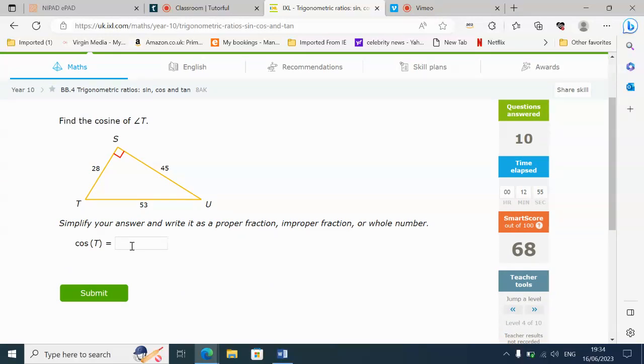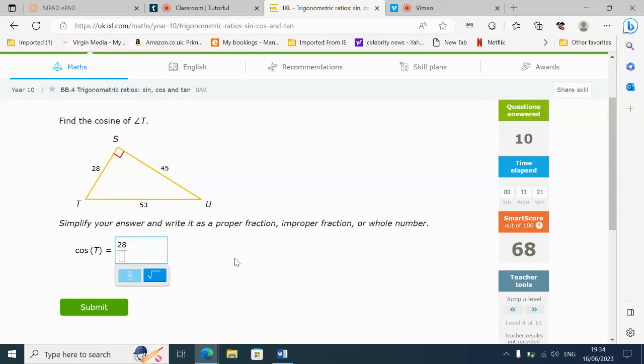And the next question, cos. So cos is adjacent over hypotenuse. Adjacent to T is 28. Did you say adjacent over hypotenuse for cos?